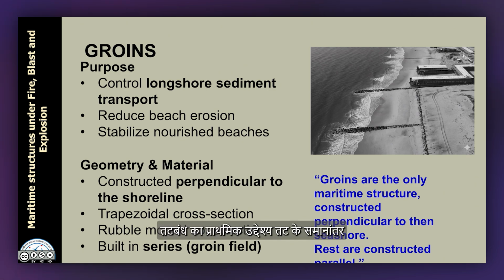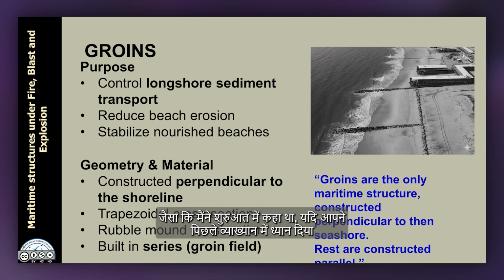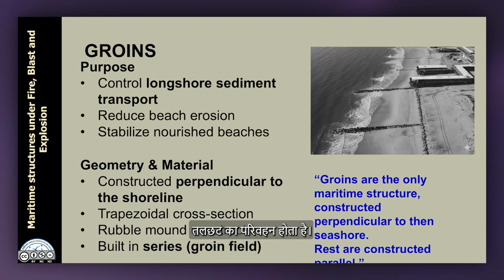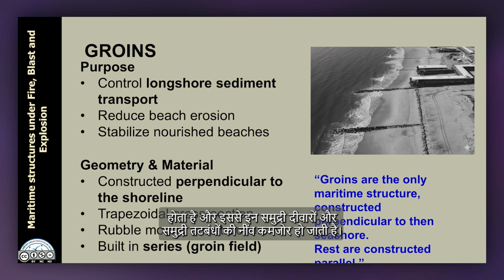The first primary purpose of a groin is to control long shore sediment transport. As I said in the previous lecture, when sea walls and sea dikes are constructed, there is sediment transport happening along the coastline. From one end of the sea wall to the other end, sediment gets transported and that weakens the foundation of these sea walls and sea dikes.